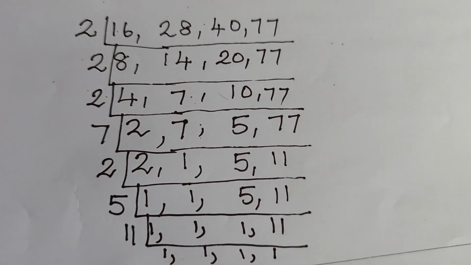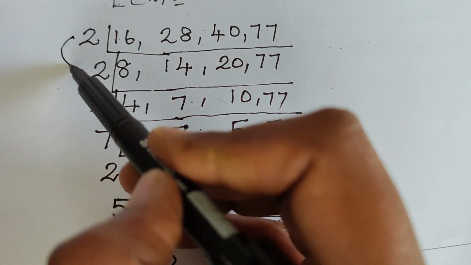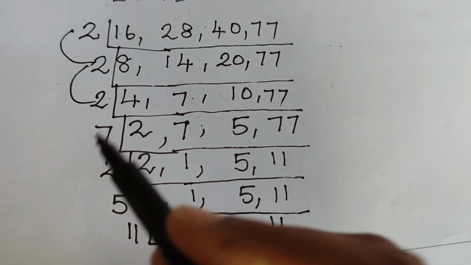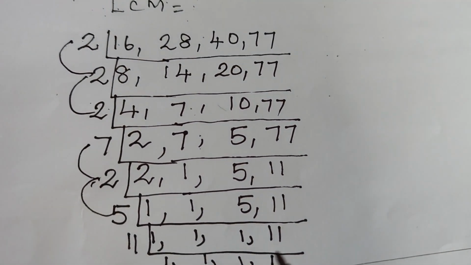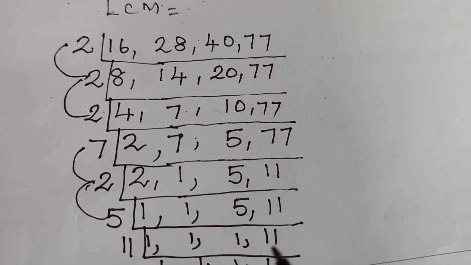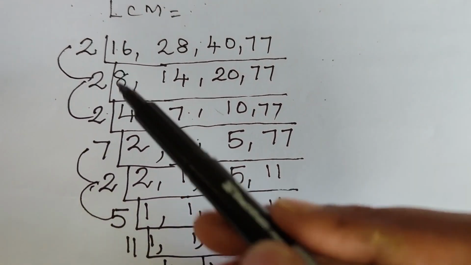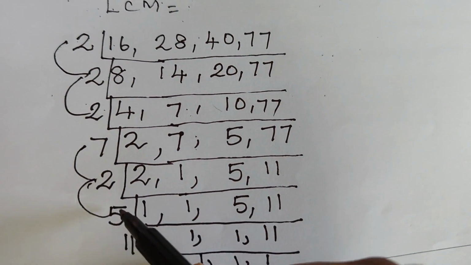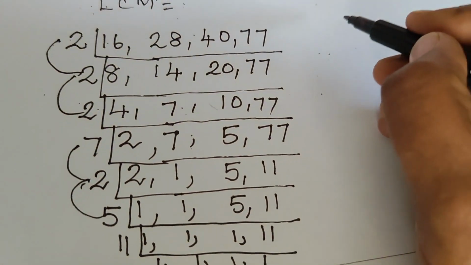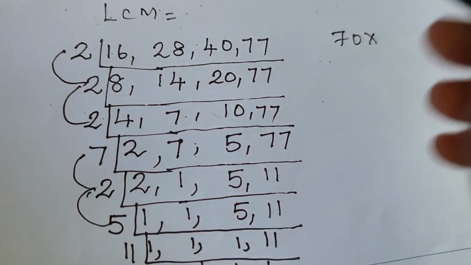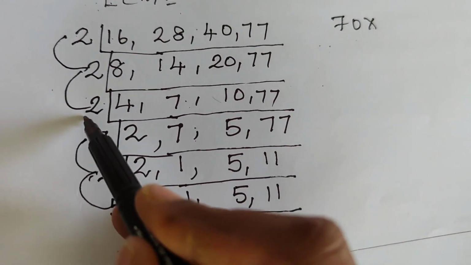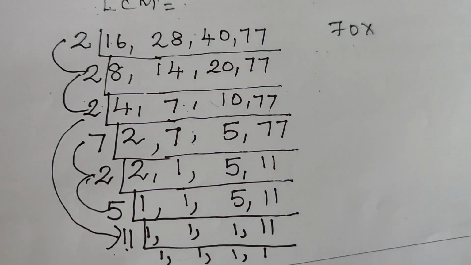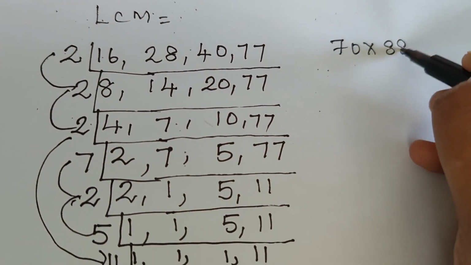So we are stopping here and the LCM is 2 2s are 4, 4 2s are 8, 2 5s are 10, 10 7s are 70. So here I got 70 into 2 2s are 4, 4 2s are 8, and 8 into 11, which is 88.